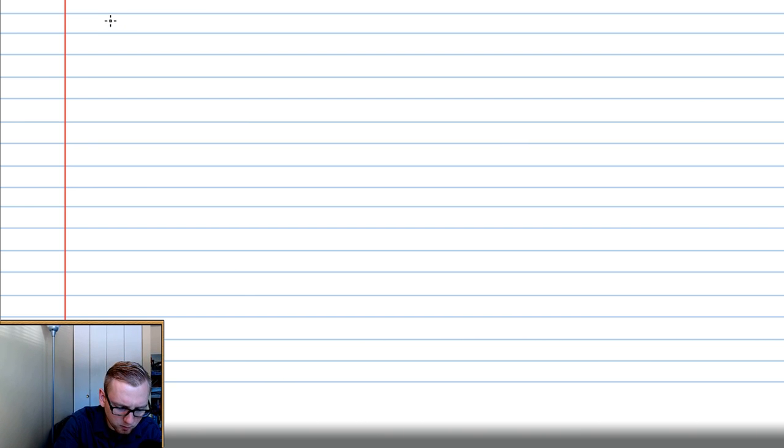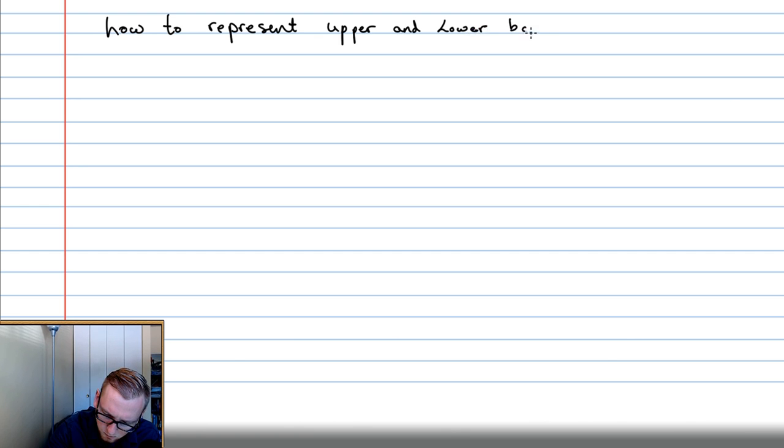We want to... How to represent upper and lower bounds. Well, an upper bound would be like its upper limit, upper capability, right?